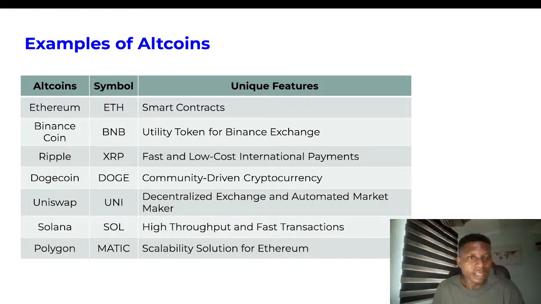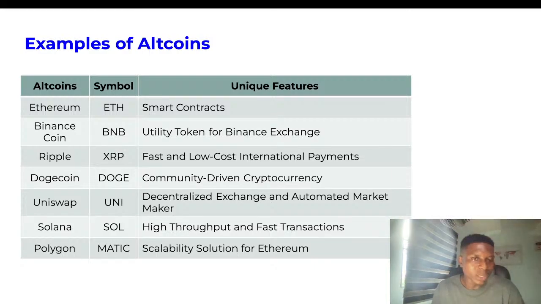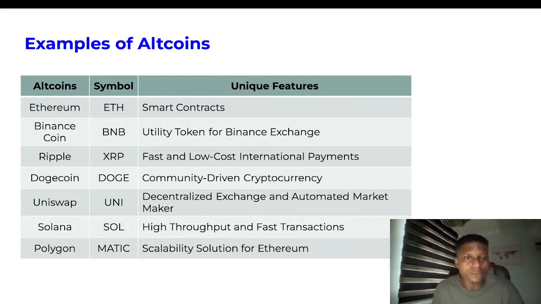Then, what other altcoins do we know? We have Ripple. The symbol for Ripple is XRP, and it is unique for fast and low-cost international payments. Another altcoin is Dogecoin, and the symbol is Doge.